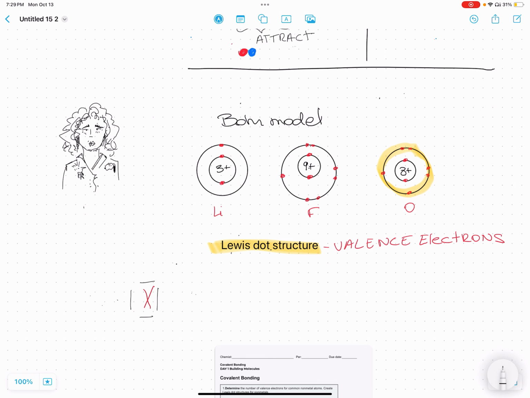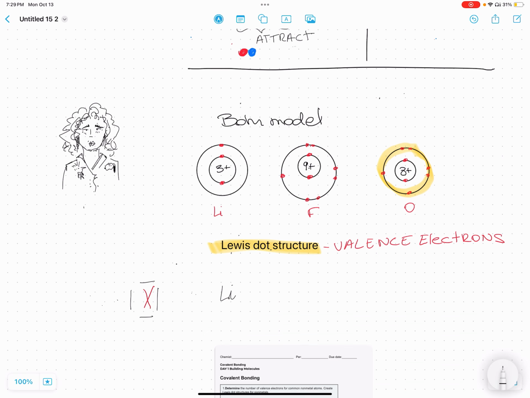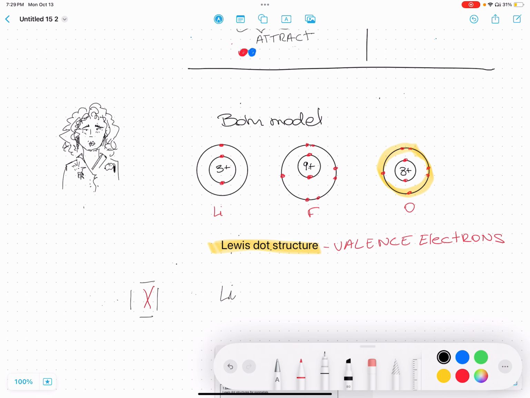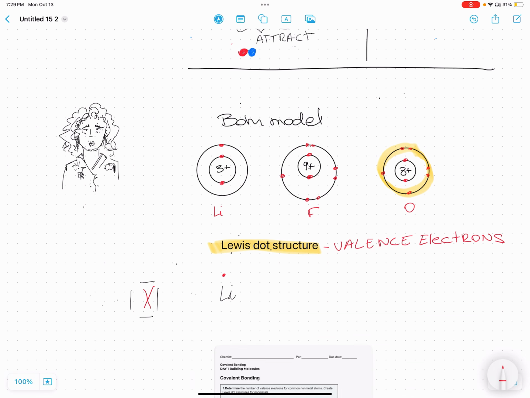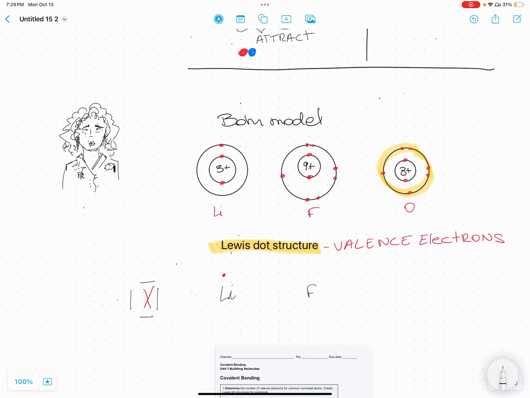Let's try a few of them. Let's go first for lithium. Lithium is right there. I'm going to start placing the valence electrons. It only has one, so that's an easy one. This is the Lewis dot structure for lithium. Let's try fluorine. Fluorine, as you can see, has 7 valence electrons.